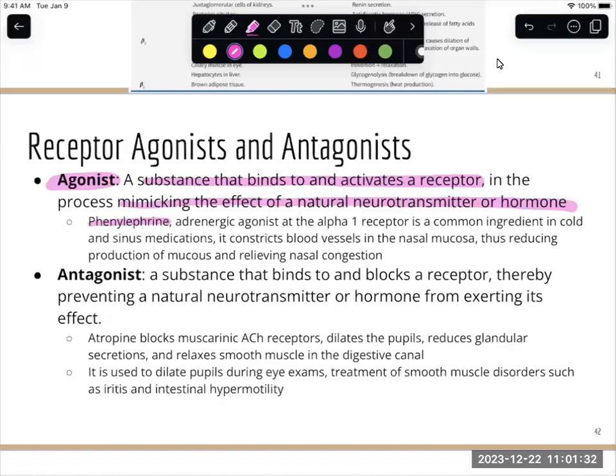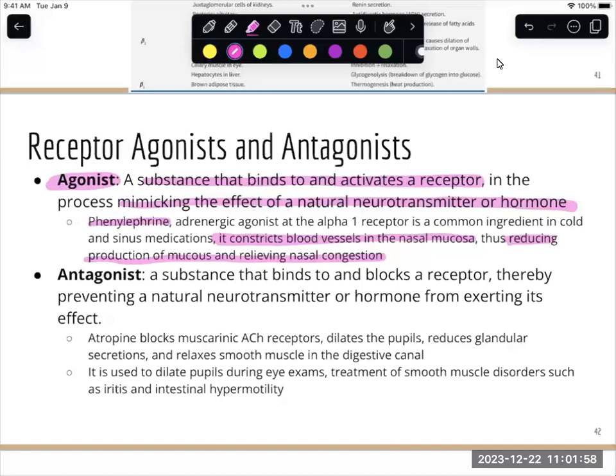Phenylephrine is an adrenergic agonist. It's an ingredient in cold and sinus medicine. So what it does is it constricts blood vessels in the nasal mucosa to help reduce mucus production, to help relieve that nasal congestion.